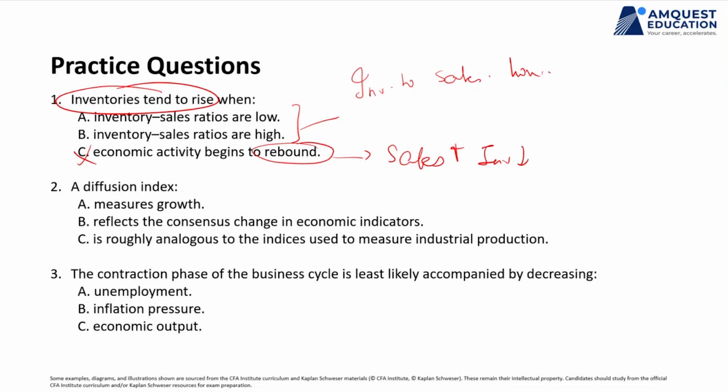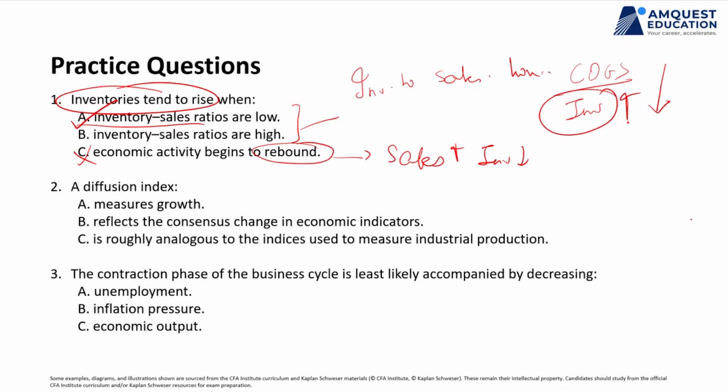Now, the inventory to sales ratio is related to your inventory turnover ratio, which is COGS upon inventory. If your COGS upon inventory is reducing, that means your inventory is increasing, correct? So your answer will be A. Inventory to sales ratio is low.